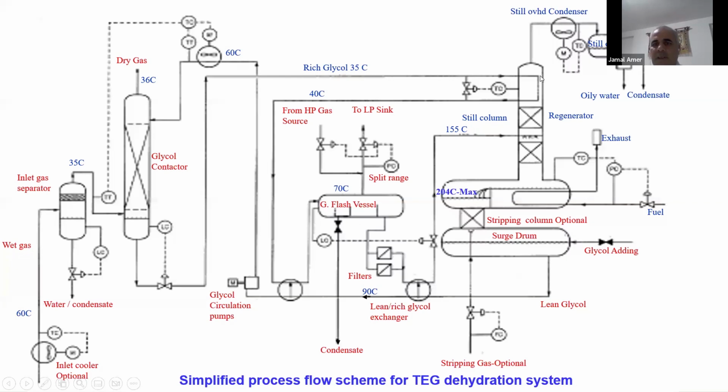Why is it reflux? Because it causes some vapor to condense again and flow down, settling down to the reboiler. So if we have any losses of glycol through this point, it will condense again and fall down to the reboiler.